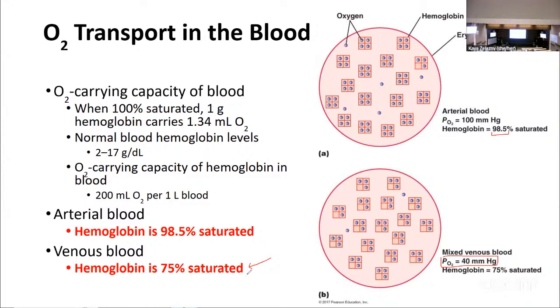When we're returning in the veins to the heart, we're usually going to see that hemoglobin still 75% saturated, so 3 out of those 4 spots on the hemoglobin molecule are still filled. So usually in normal conditions, as you're moving from deoxygenated blood to oxygenated blood, we're really just filling in and emptying this last slot on our hemoglobin molecule.